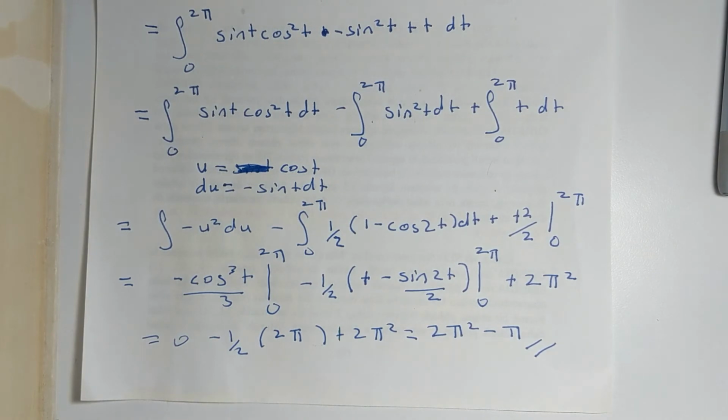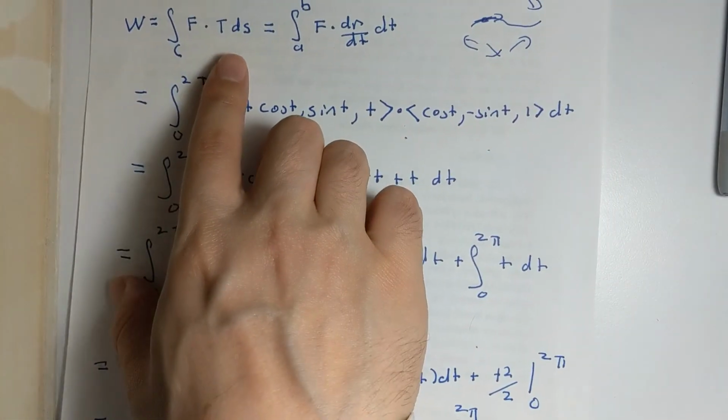Or we could have a magnetic field, right? It gives you which way the magnetic field is heading and its strength at a given point. So all those good things. When your vector field is a force field, this gives you the work done.